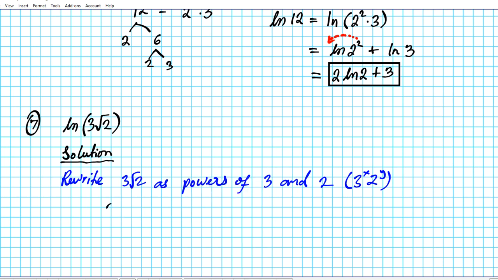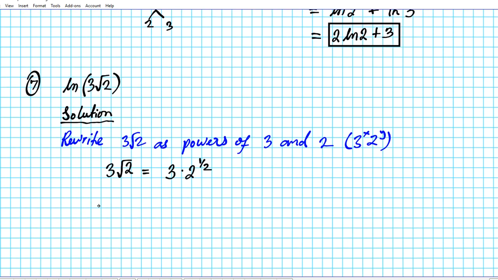So 3 root 2 can be written as what? 3 doesn't have any power, so it's just 3. How do you write root 2 as a power? Root 2 is the same thing as the 1/2 power. So the natural logarithm of 3 root 2 is the same thing as the natural logarithm of 3 times 2 to the 1/2 power.